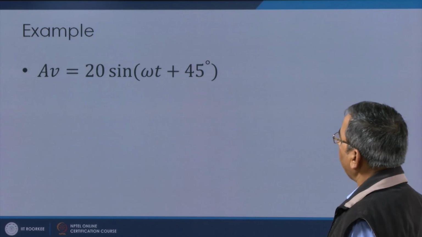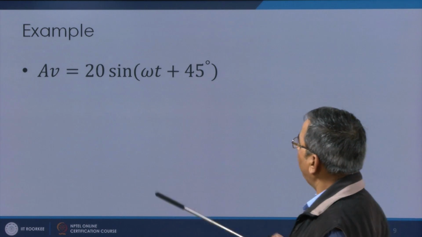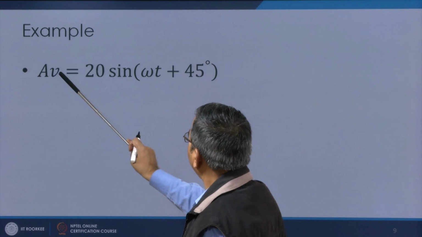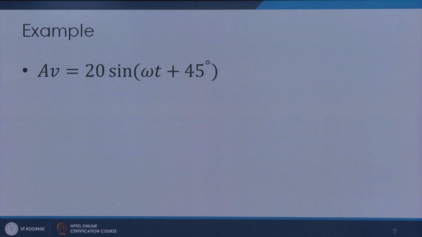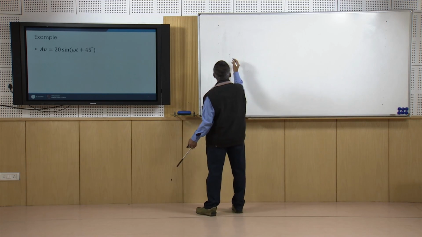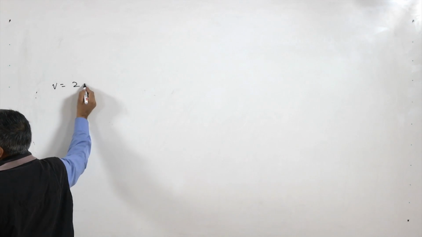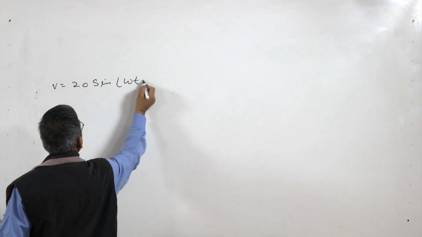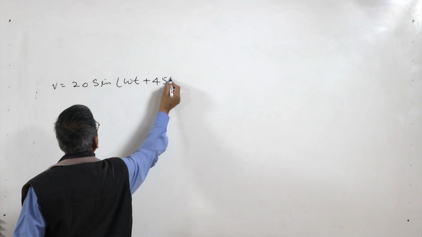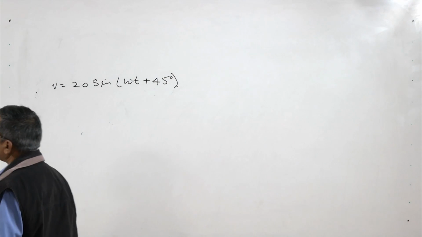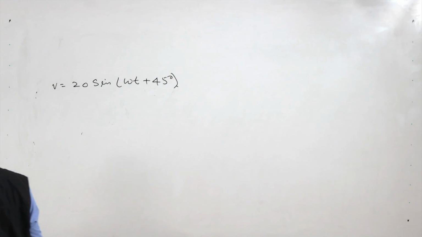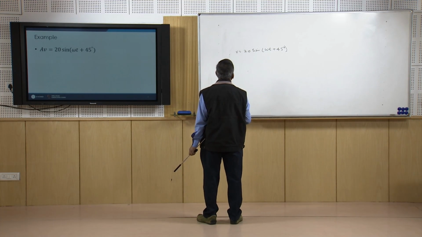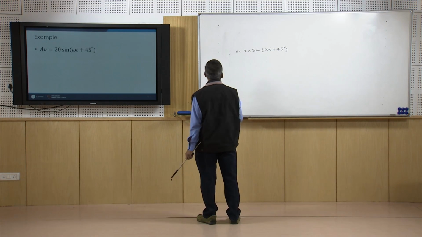We can take an example, say V is equal to 20 sin(omega t plus 45 degrees). Okay. Say this is my sinusoidal signal, and we can take this example to represent it by a phasor.